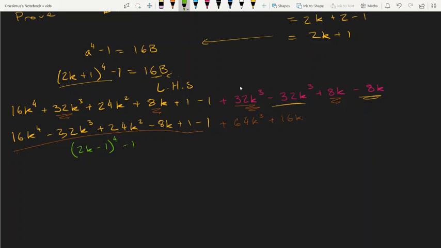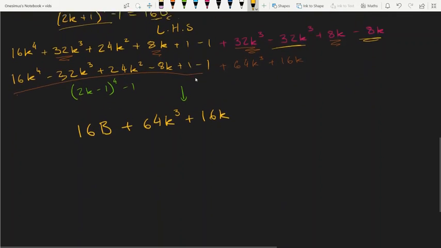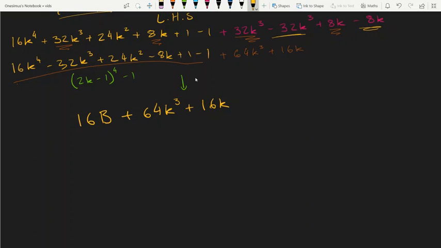Our next line can show the compressed form, which is 16b, because we know this equals 16b from our assumption, and then we add on to the end 64k cubed plus 16k. If you notice closely, we all have these 16 terms involved, so you can take 16 common out the front and leave b plus k cubed plus k inside those brackets.